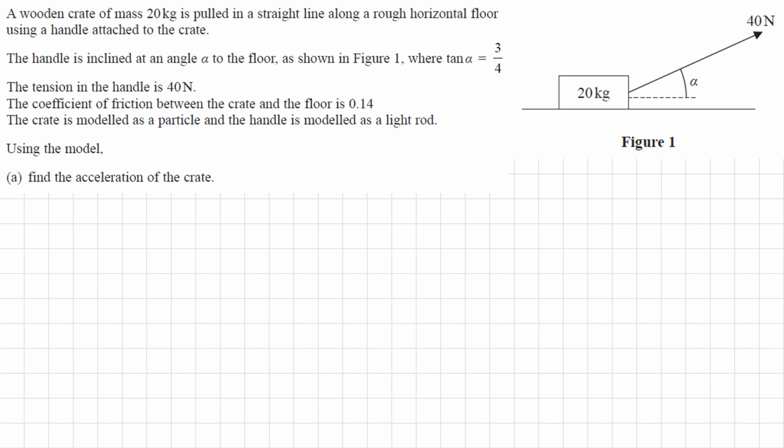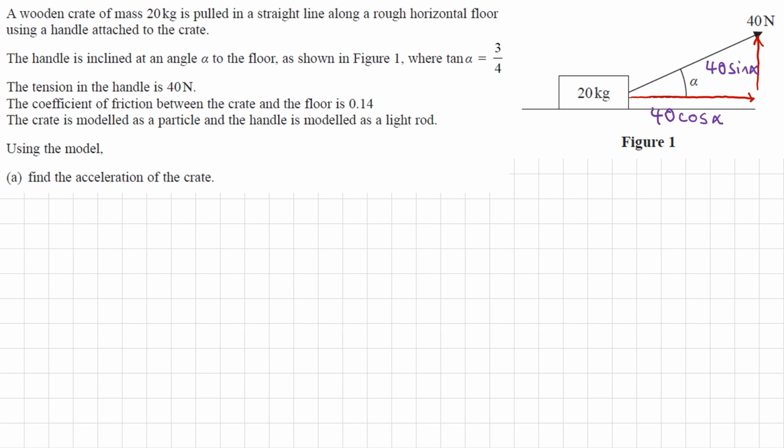So the first thing I'm going to do is to put on all the forces on this diagram. The 40 newtons needs to be split up into its horizontal and vertical components. So I'll have 40 cos alpha going horizontally and 40 sine alpha going vertically.